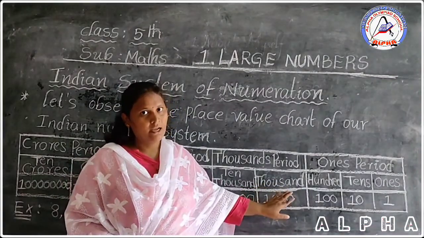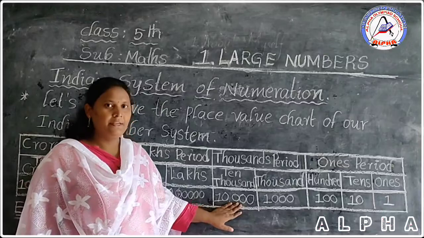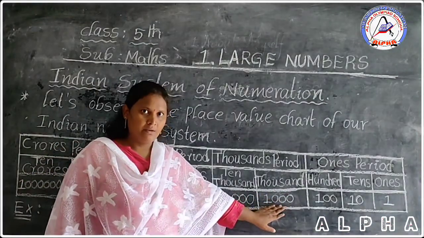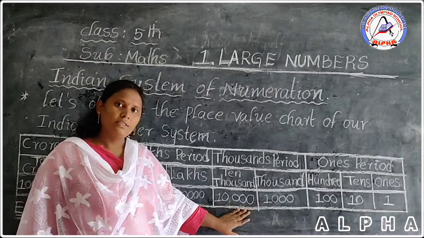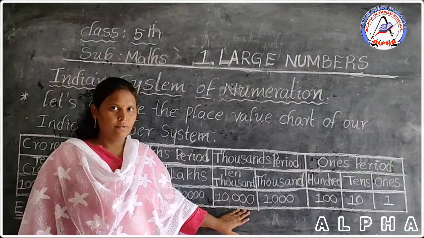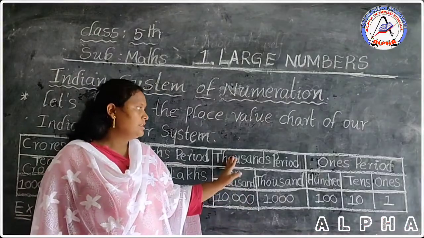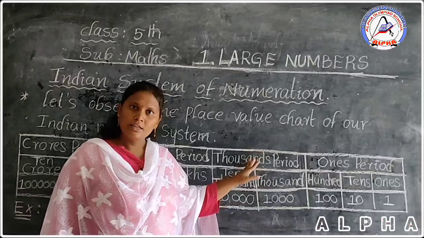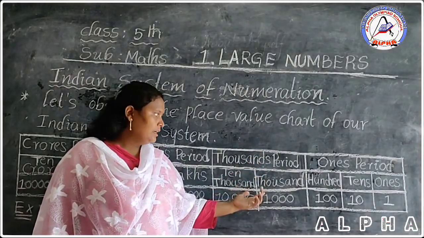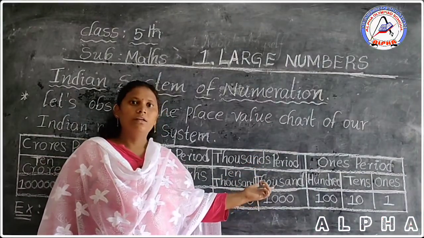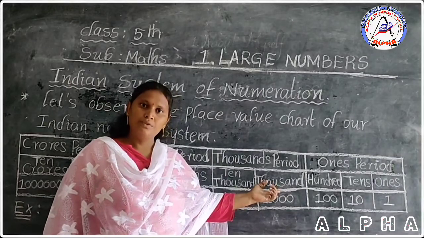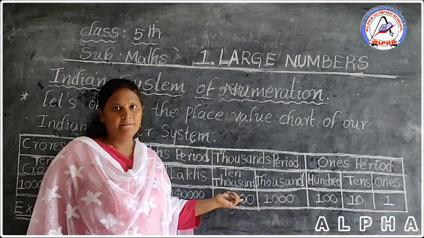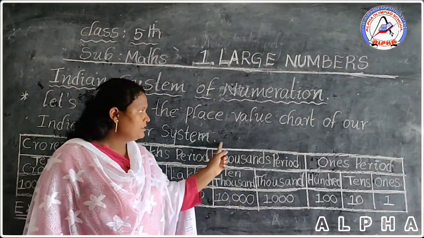The thousands place value and the 10,000s place value. So this is your second period, the thousands period. In these 2 place values, the first one is thousands and the second one is 10,000s. Observe this period once.